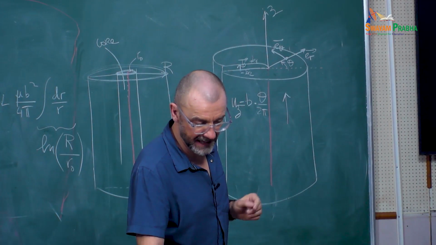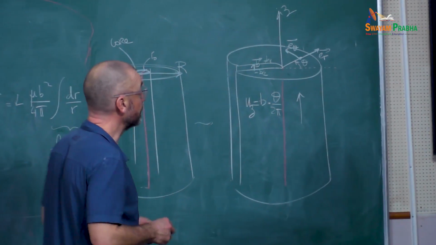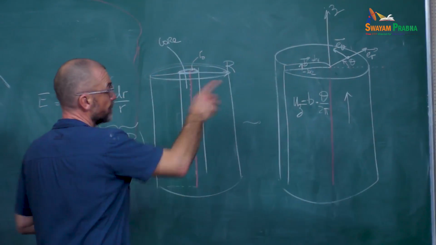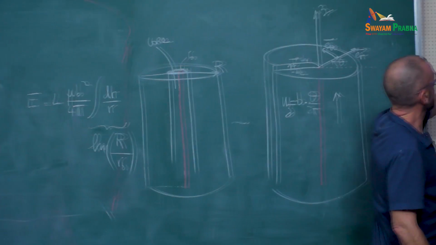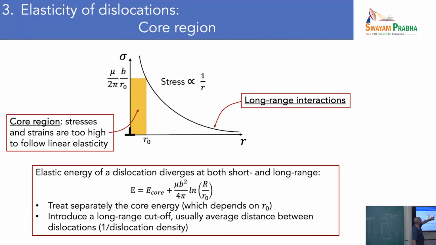So if I'm looking at either the energy or the stresses, the stress is proportional to 1 over r, so it diverges at short distance. So within the cutoff radius, the stresses and the strains become infinite, and so they are too big to be accounted for by elasticity.